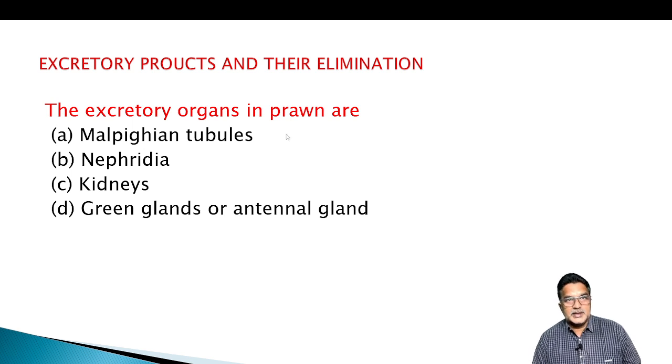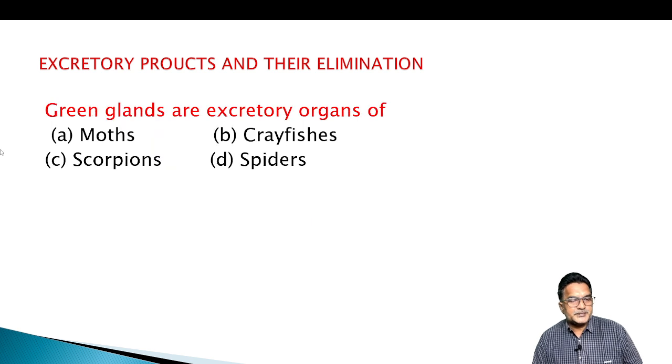Prawns are crustaceans, so we say green glands are antennary glands. Green glands are the excretory organs of crustaceans like crayfish. An example from crustacea, a little outside NCERT, is crayfish, Astacus.